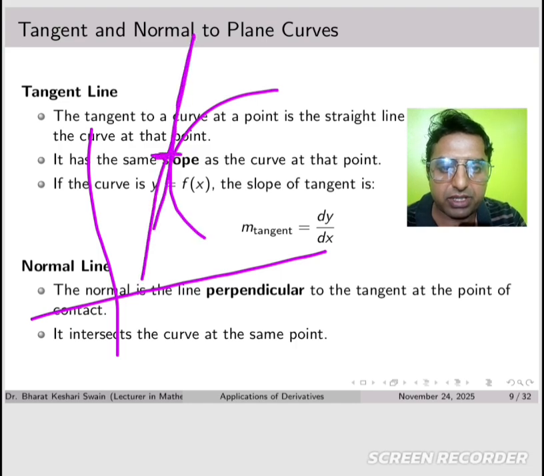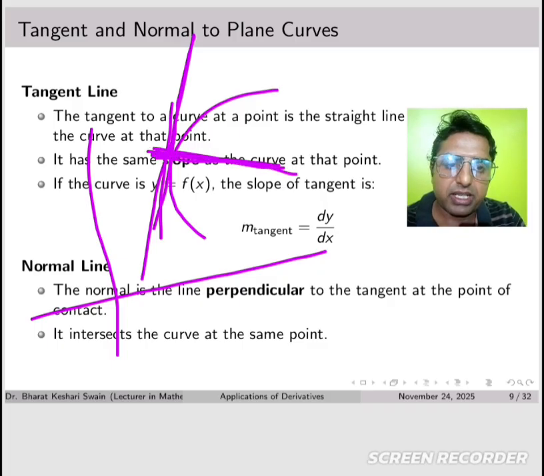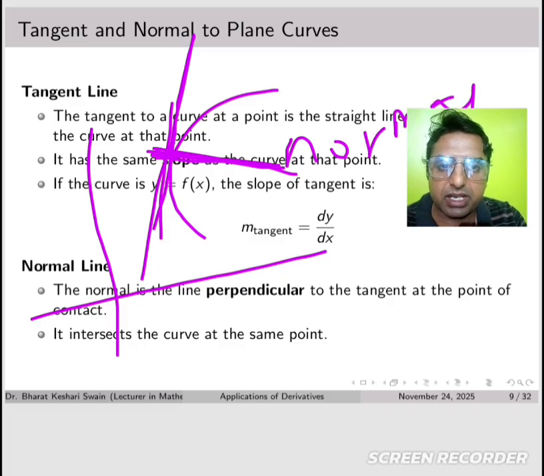If I draw a perpendicular line at that point, then this is the normal line, and this is the tangent line.